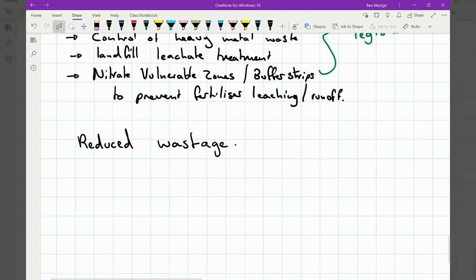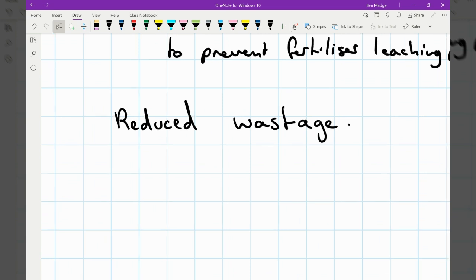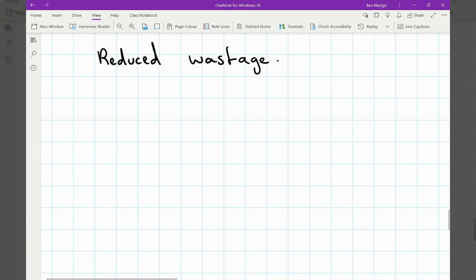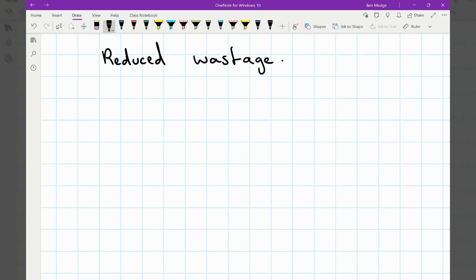And the last one then is reduced wastage. So a lot of infrastructure for moving potable water is old or in poor condition.